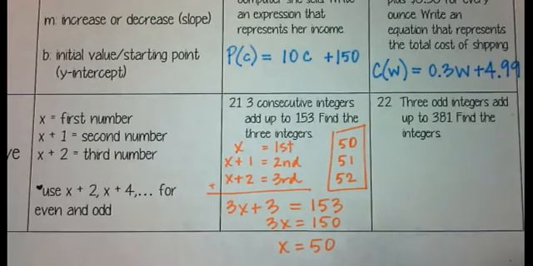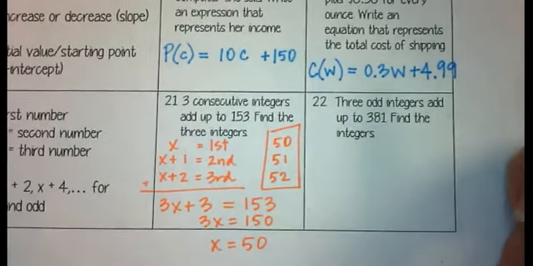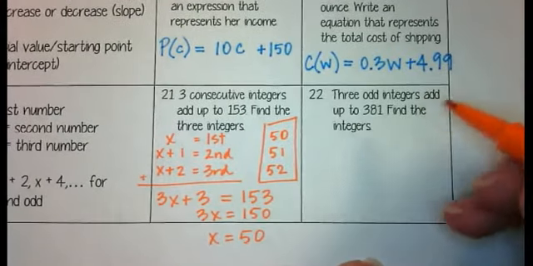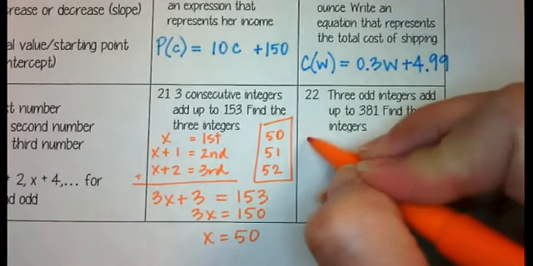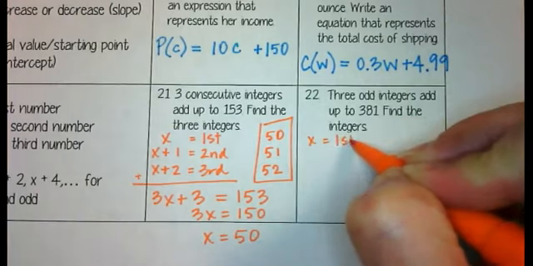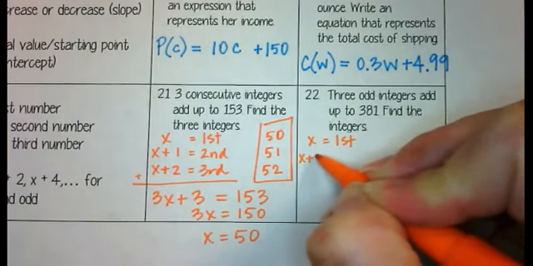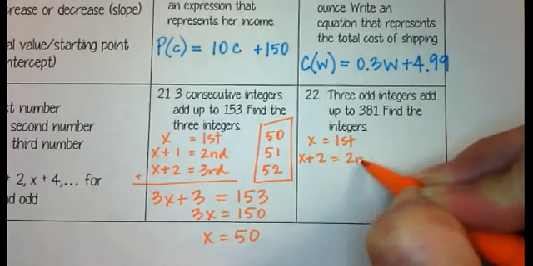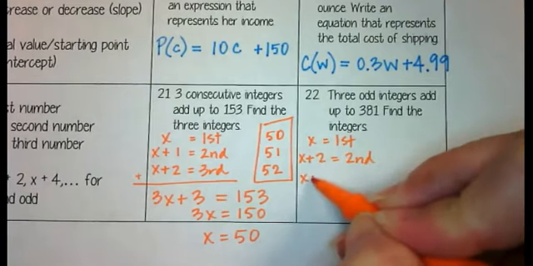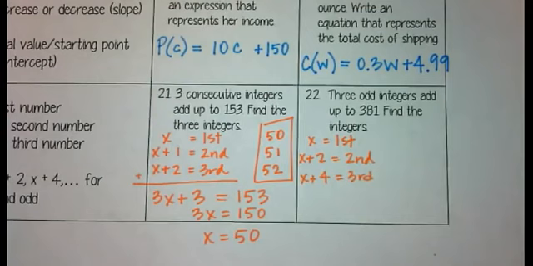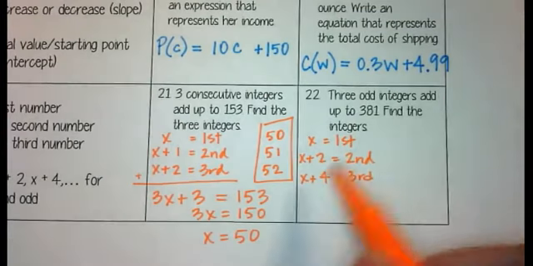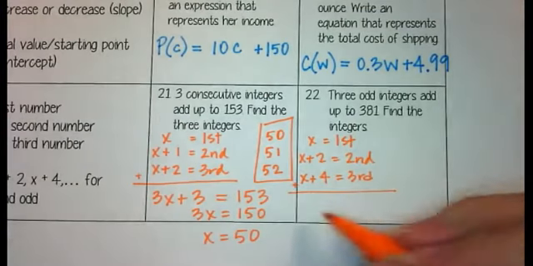All right, number 22, 3 odd numbers add up to 381. So we're dealing with odd integers. If x is our first odd number, then x plus 2 would be the next odd number, and x plus 4 would be the odd number after that. Again, they're adding up.